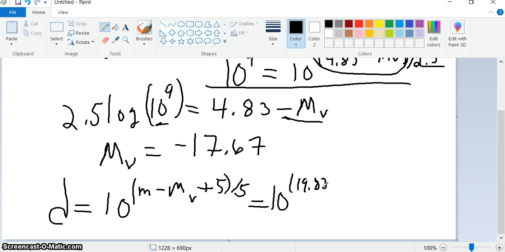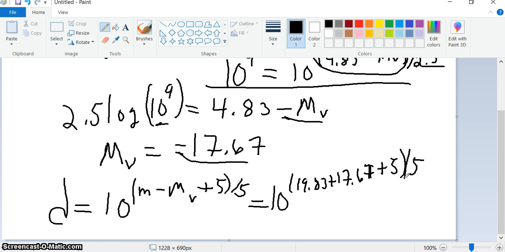And then minus the absolute magnitude, but since this is already negative, it becomes plus 17.67, and then of course plus 5, and then that whole thing divided by 5.